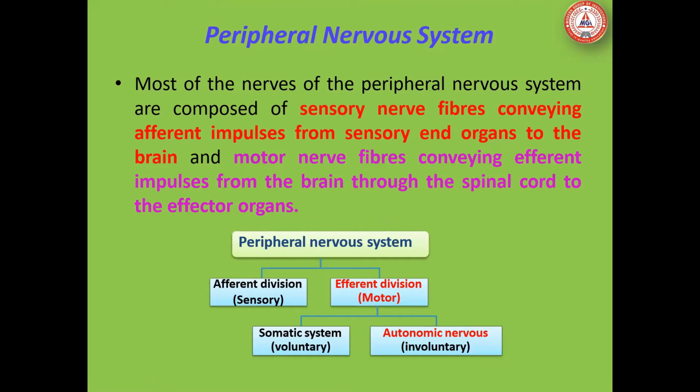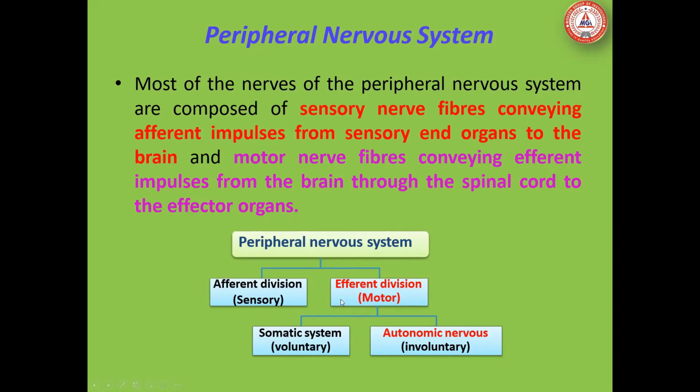Sensory nerve is always from an organ to the brain, whereas motor nerve fibers convey the message from the brain and spinal cord to the effector organ. So the peripheral nervous system is divided into two parts, afferent division and efferent division. Afferent is sensory nerves, whereas efferent is motor nerves.